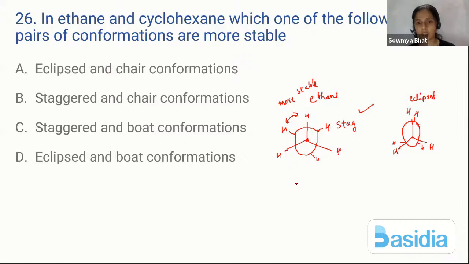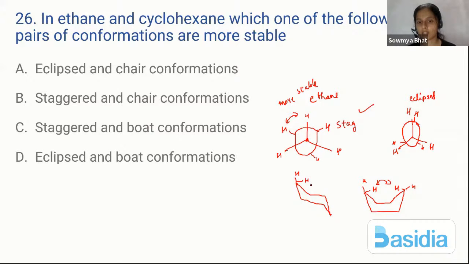Now we are going for the boat and the chair form. So this is the chair form, and this is a boat form. Say every carbon is going to have two hydrogens here. Let's consider only this. Again, there is a possibility of repulsion over here, the torsional strain.